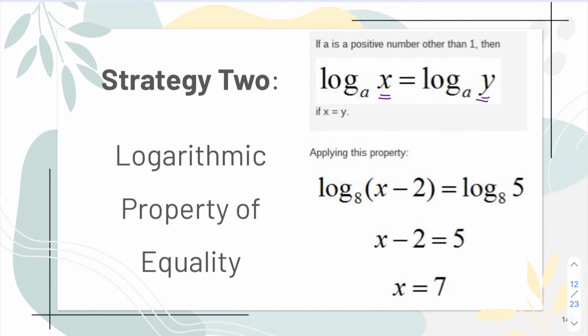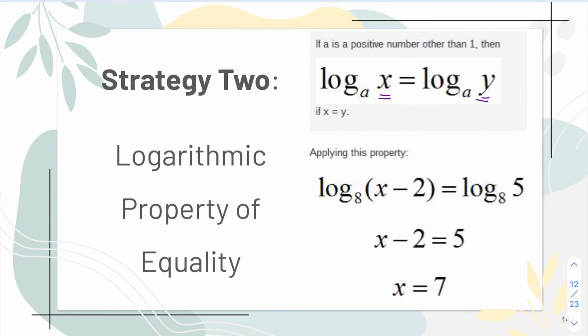It just looks a little different here because we can do it with anything, right? If I have 2 times x equal to 2 times 4, you know that x has to equal 4. So in the same way, if I have 2 times x equals 2 times y, you know that x equals y. So it's the same thing here.